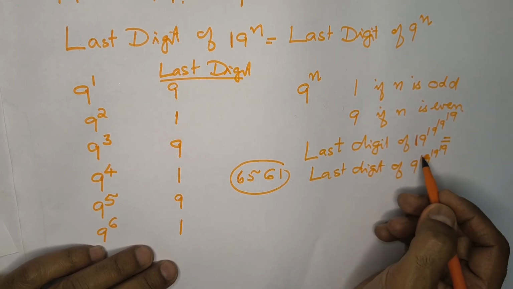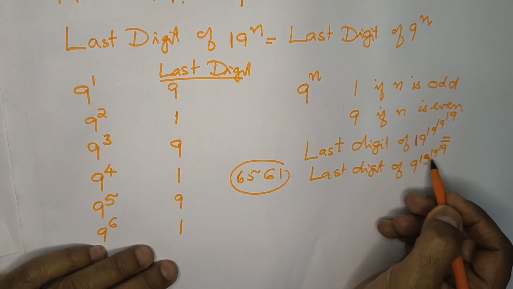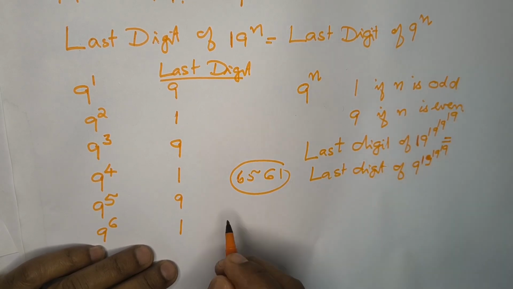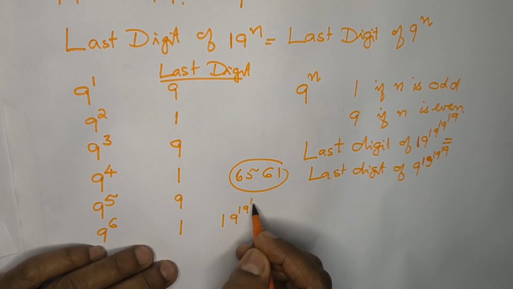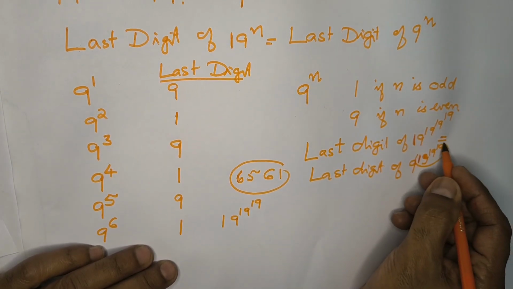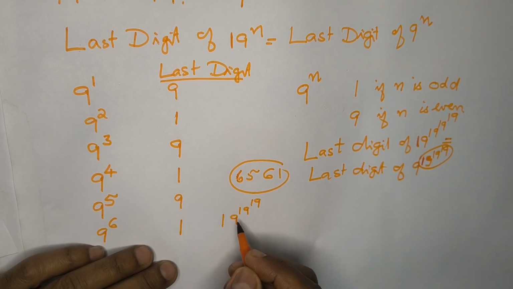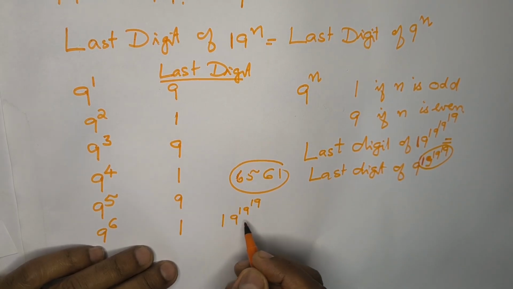Now, look at the power, 9 power 19, 19, 19, three times. So let me write that number again: 19, 19. Basically, I'm rewriting this number. Can you see? And what do you think this number is?